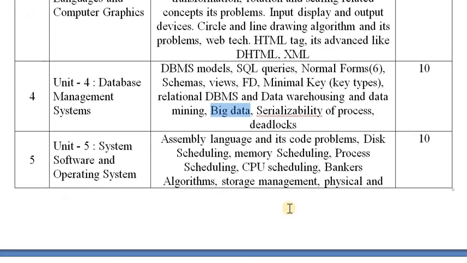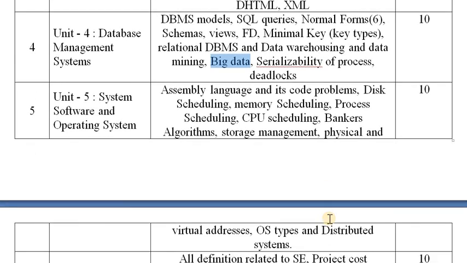Next, I am coming to unit 5. Unit 5 is system software and operating system. They have merged two subject syllabi: system software is one subject and operating system is another.